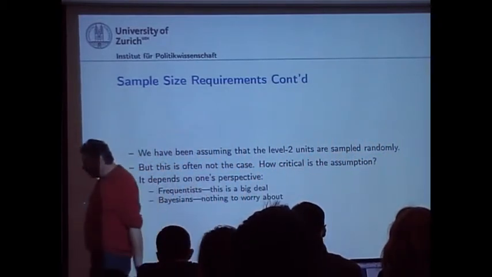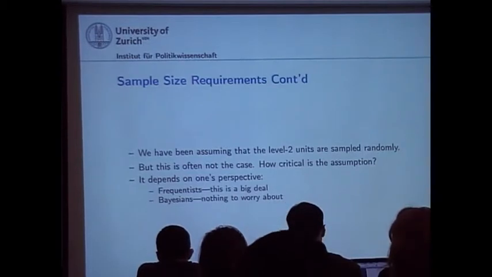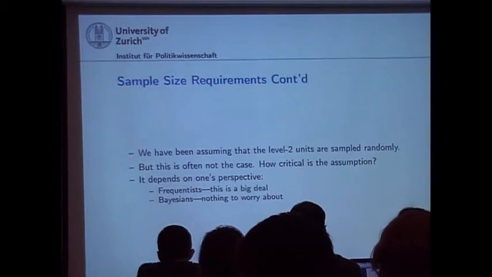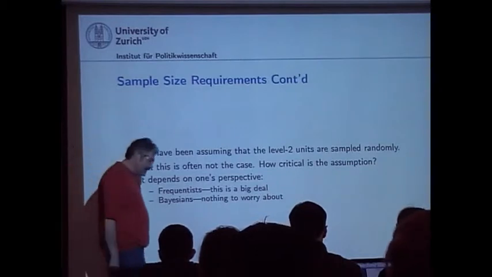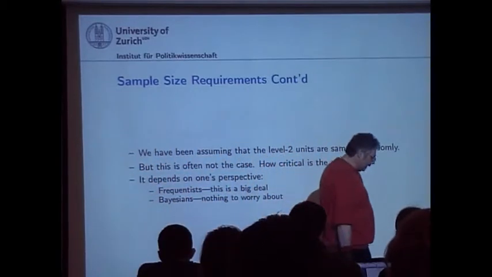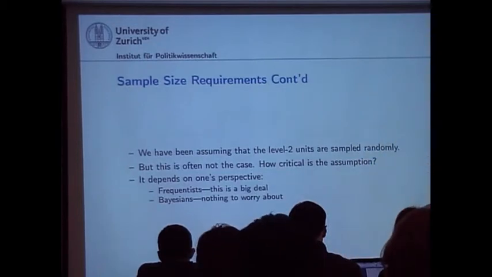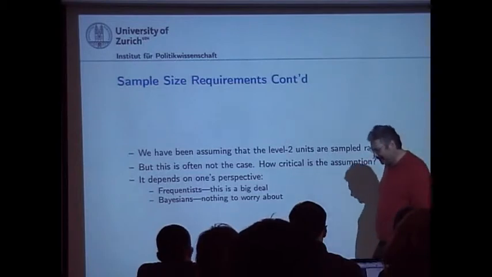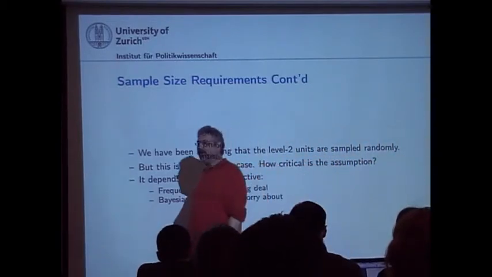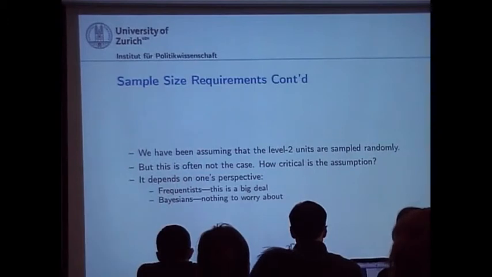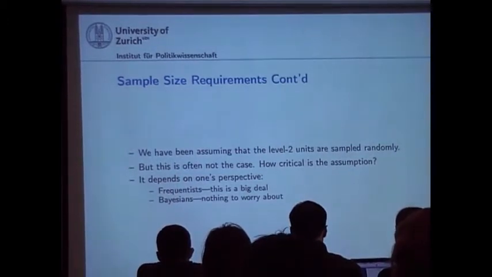I know that people run into this difficulty because I once had a PhD student who presented a multi-level analysis with countries as the level 2 unit at Nuffield College, and the statistician there, Dave Cox, looked at it and said, I believe this because we only have a random sample of countries. And Bayesians, well, they're okay with this.